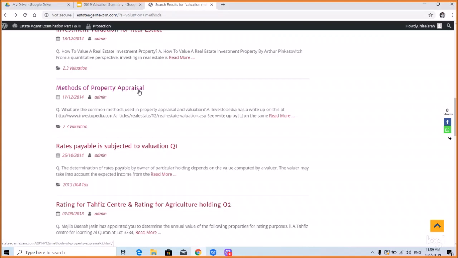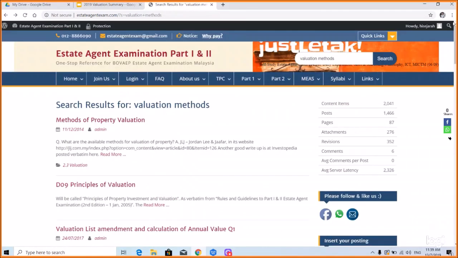These are all questions that I have designed myself and gathered from some good sources in the public domain, and shared with you all here. So going into this website and searching under valuation method, you can read quite a few articles to crystallize your thoughts, so that you can target the exam in a clearer manner.